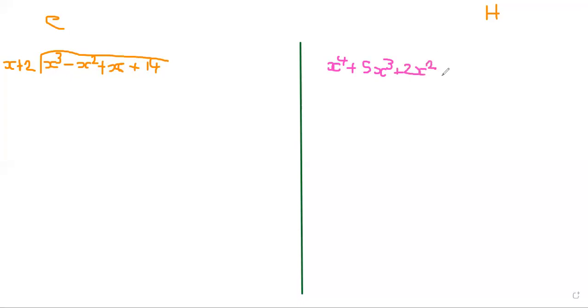Minus 7x plus 2. By x plus 2. Okay, so you can write up your own long division there. So you're dividing it by x plus 2. So divide that by that.